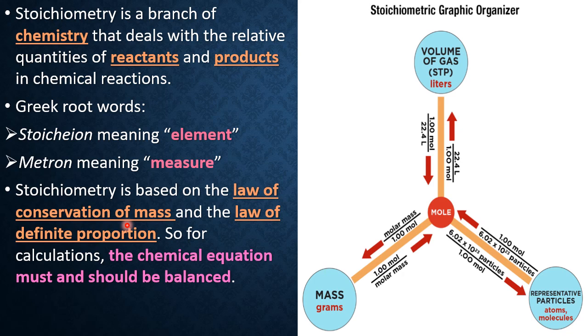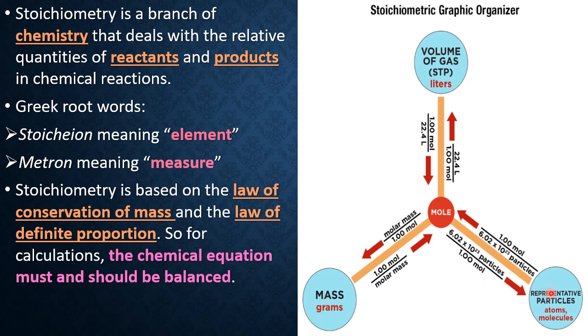A small chart will tell us what is stoichiometry and in what way we calculate. See, sometimes we will calculate mole to volume or volume to mole, or mole to mass, mass to mole, or mole to number, number to mole, or sometimes volume to volume, or sometimes mass to mass, or sometimes number to number.